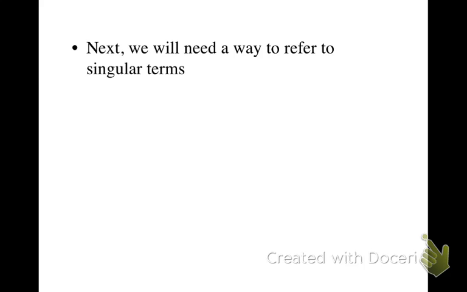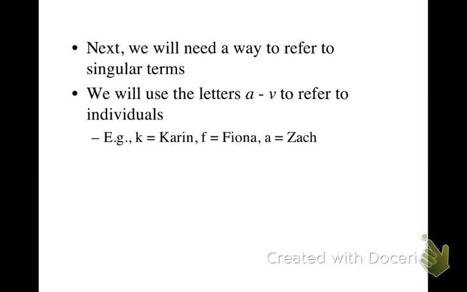Okay, then next we need a way to refer to singular terms. Singular terms are usually named individuals, but they could be a place, a thing, or maybe even a concept. We're going to use the term individuals pretty loosely. And we're going to use the letters A through V to refer to these individuals, to the singular terms.